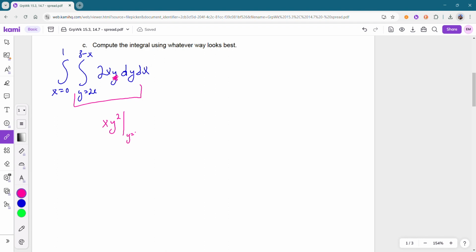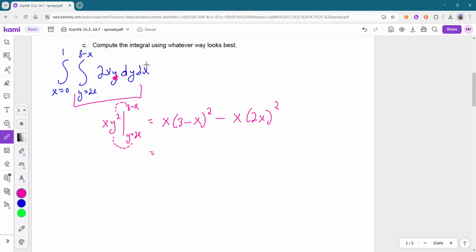And we'll evaluate that from y equals 2x up to 3 minus x. And if we plug 3 minus x in for y, and then subtract what we get when we plug in 2x for y, we get the following: x times 3 minus x squared minus x times 2x squared.